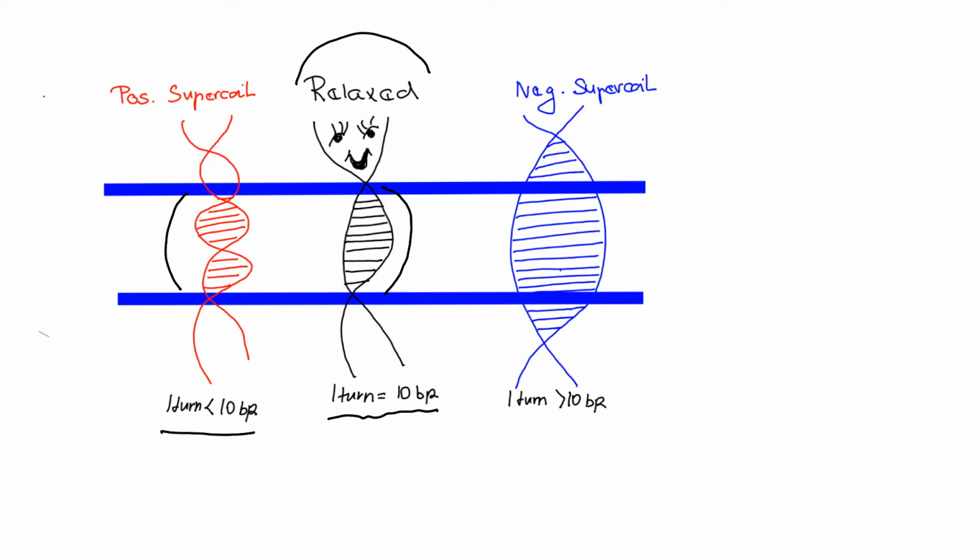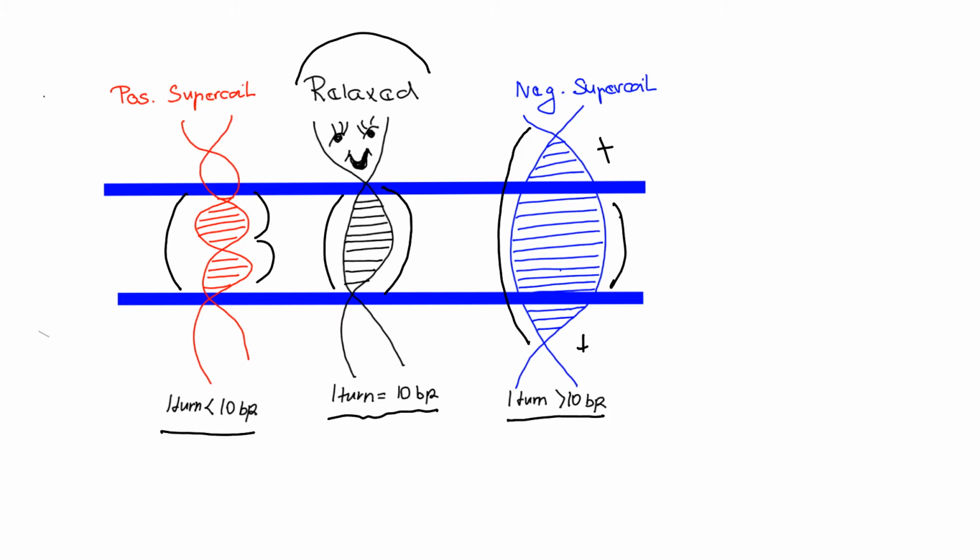If you have negatively supercoiled DNA, you will have more than 10 base pairs per turn. In negatively supercoiled DNA, you see one coil goes over right here, so you have 10 plus additional base pairs. So the number of base pairs per turn changes according to the state of supercoiling.